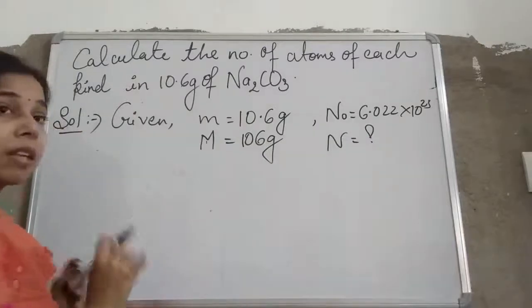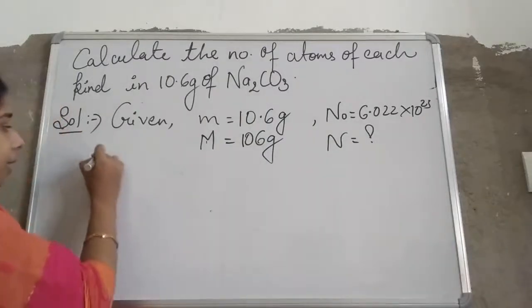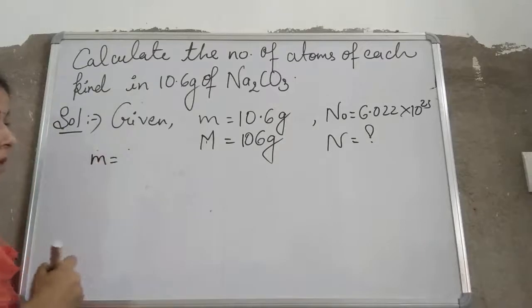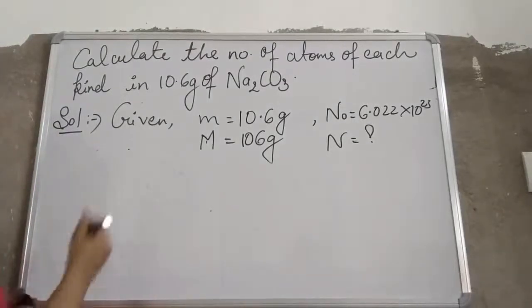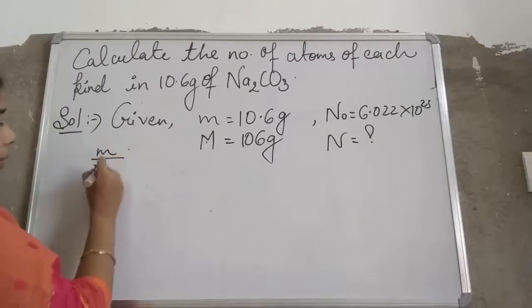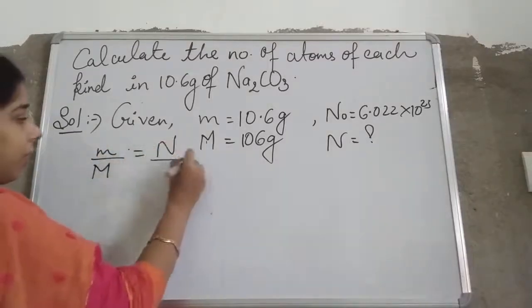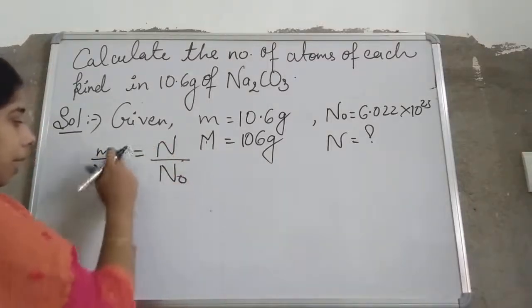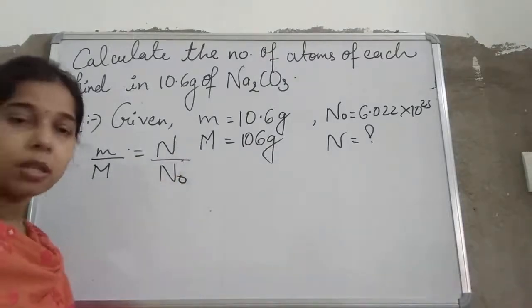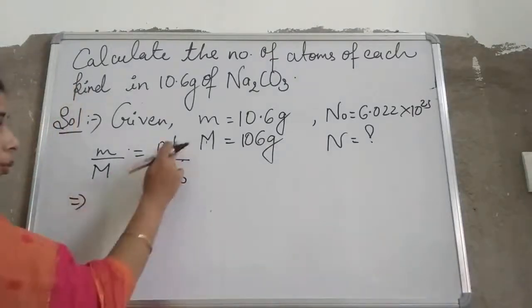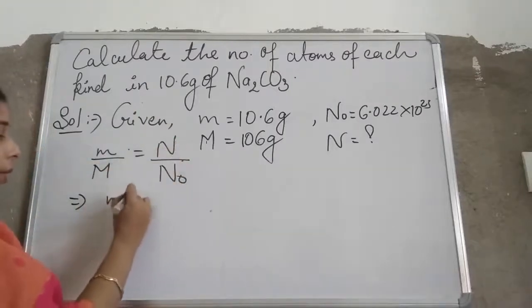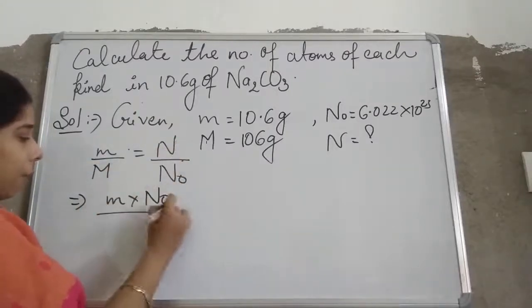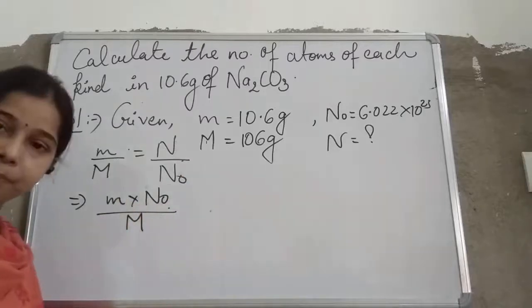Again we will use the same formula, m upon M is equal to n upon N naught. We have to find capital N here, so this N naught will go there. So N is equal to m into N naught upon capital M. Right?